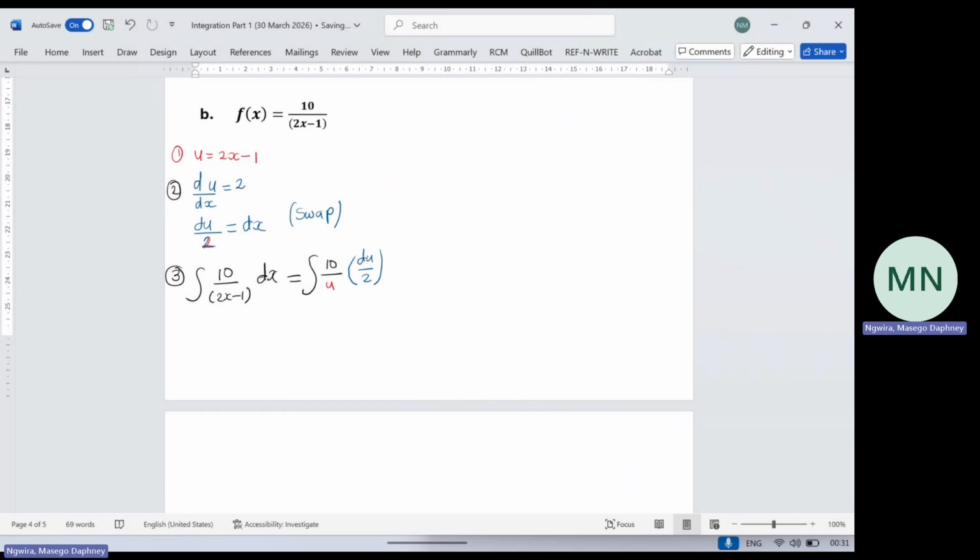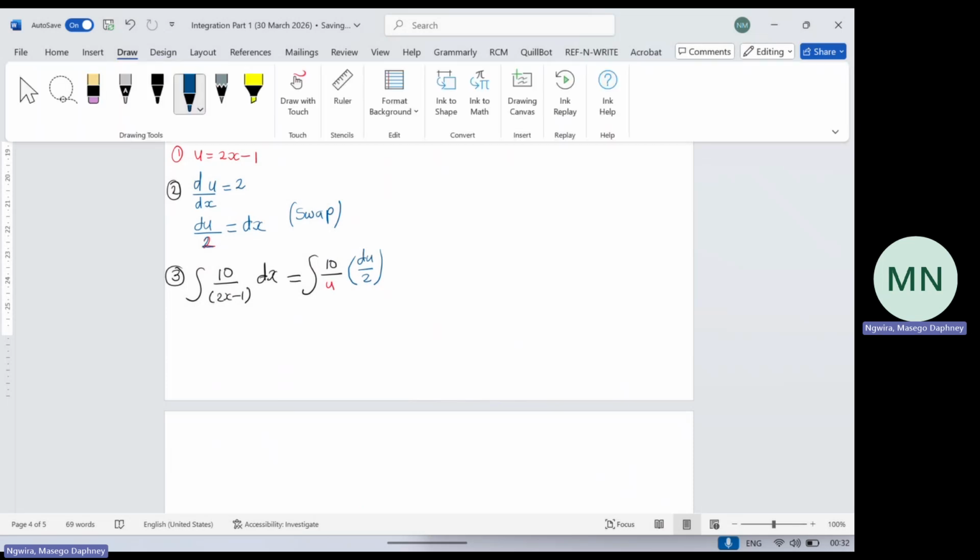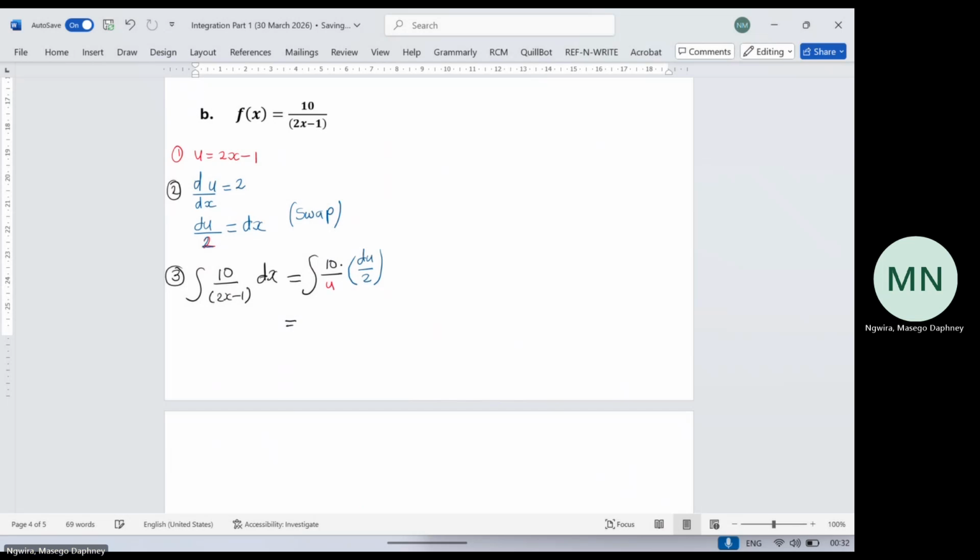And then now we move. Okay, so remember we have this times this, so we're going to multiply. We can take this 2 to the other side and also take 10 to the other side, because I want only u to be left alone. So I'm going to have 10 over 2, and then I'm left with 1 over u.